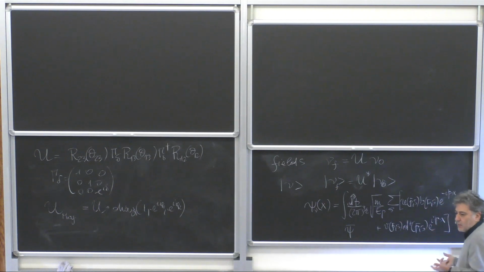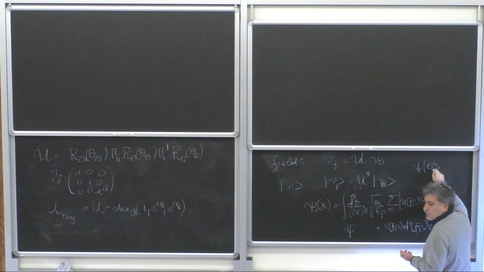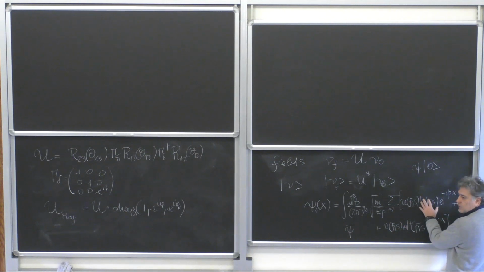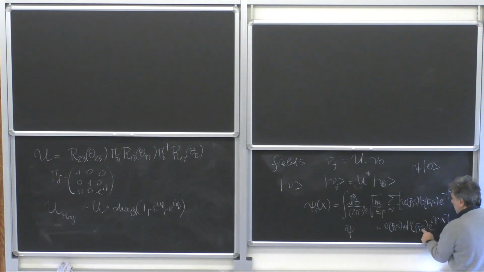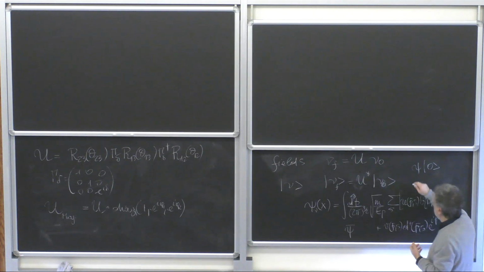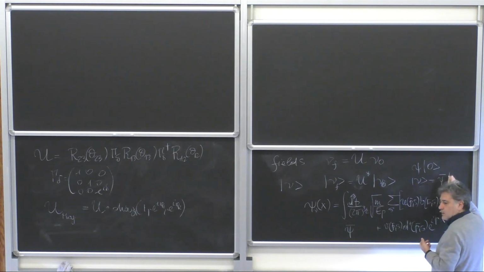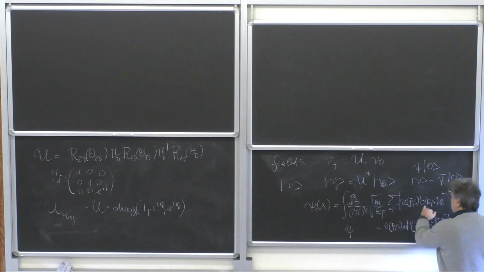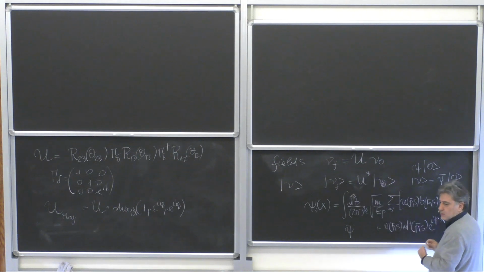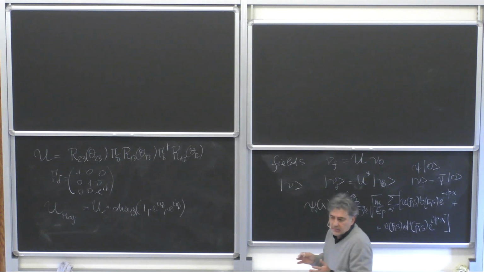When you consider psi on the vacuum, this part gives 0 because it annihilates the vacuum, and this creates an antineutrino. If you want a neutrino state, you have to use psi bar on the vacuum. So here you have b dagger and here d, which annihilates an antineutrino. This is the standard Dirac field.